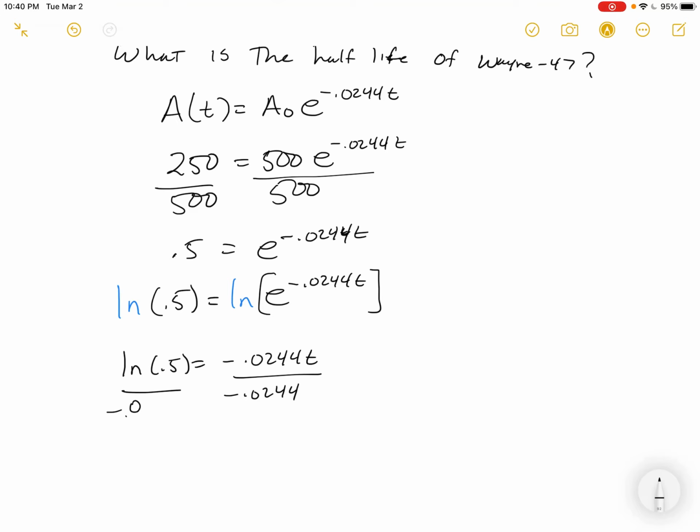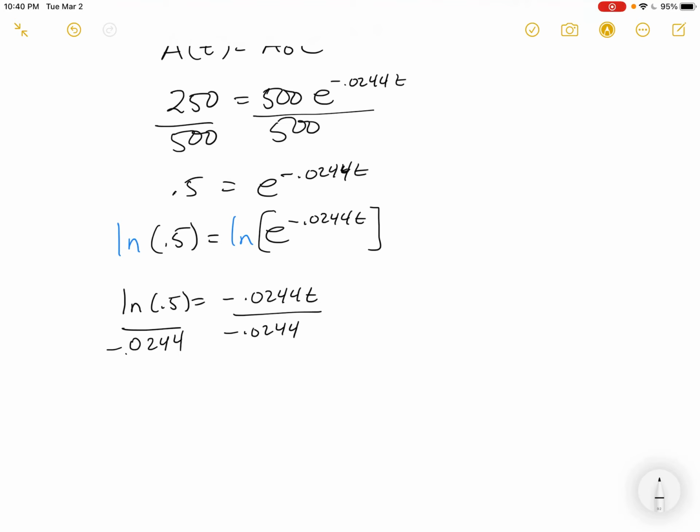And so it looks very much the same as the last problem. There really is no difference. And so what's t equal to? Well, ln of 0.5 divided by negative 0.0244. And I'm getting 28.407. They want me to round to the nearest tenth of a year.